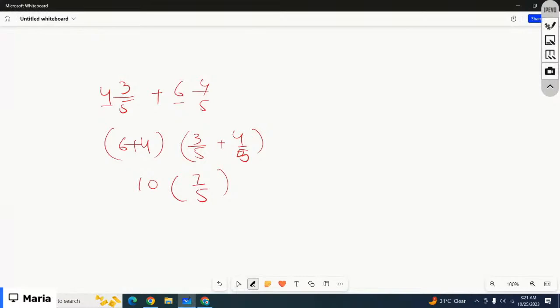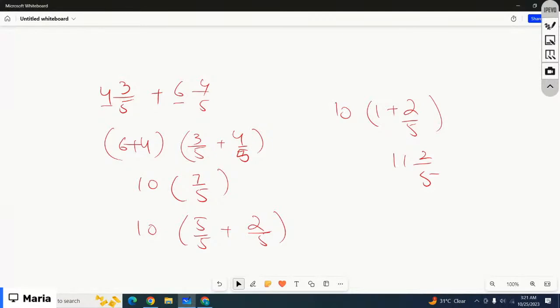We cannot write it like this. So we can break down 7 over 5 into 5 over 5 plus 2 over 5. 5 plus 2 makes 7. So 5 over 5 means 1. So it would be 11 whole 2 over 5. That is 11 whole 2 over 5.